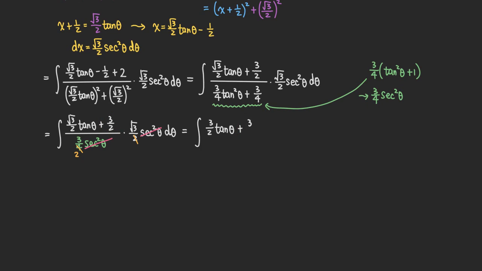So you're going to get 3 radical 3 over 2. Okay, so the numerator is done, right? The other stuff got canceled already. What do you have in the denominator? Just 3 over 2. And then there was this d theta right here.